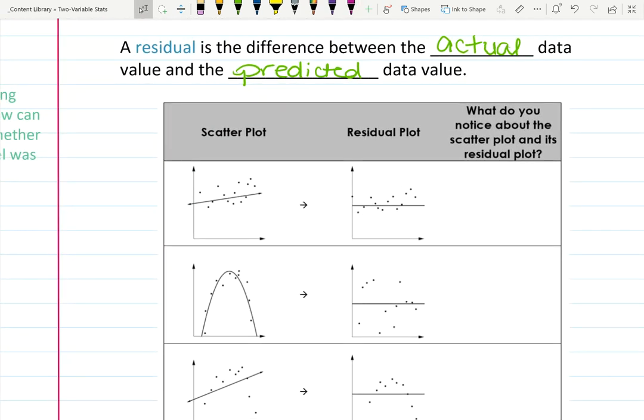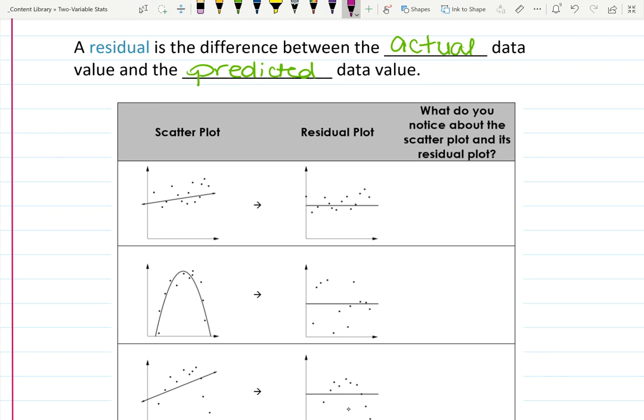So when we look at this, we're given this first scatter plot, right? They drew a line of best fit. So our regression equation would have been linear. If you are to make a residual plot, what that's showing is, from this regression equation, we're looking at the residuals to see how far above and how far below the line are the data points.